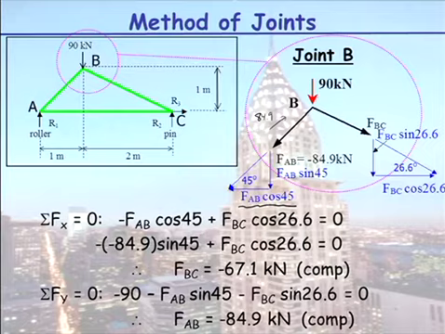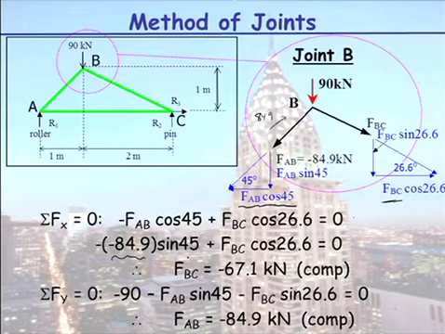So it's minus FAB cos 45, and then I have my FAB force, that's a plus cos 26.6, and all of that equals 0. When, however, I put my value of FAB in there, that has a value of minus 84.9. So in effect, I've got two minuses, and two minuses make a positive.